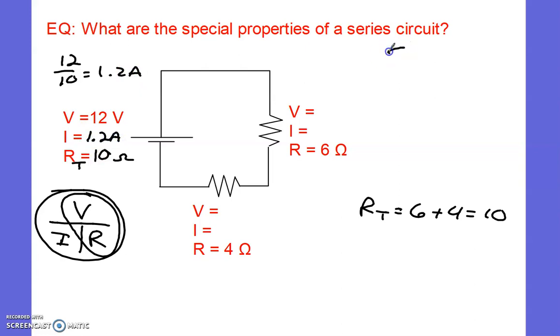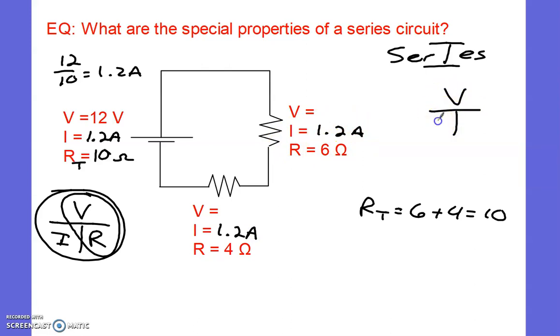Now remember, in a series circuit, all of the I's are the same. So if this is 1.2, they're all 1.2. Once you know two of the values, you're going to solve for the third using Ohm's law. Here we know I and R, so we're going to multiply.